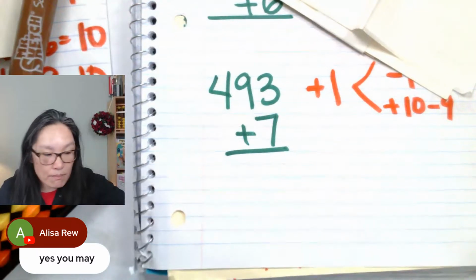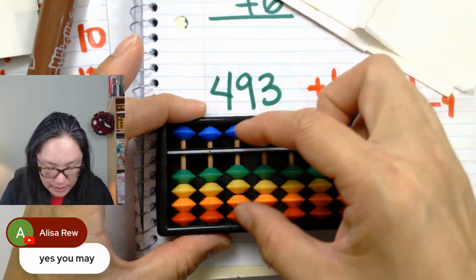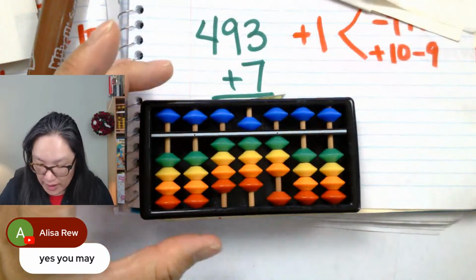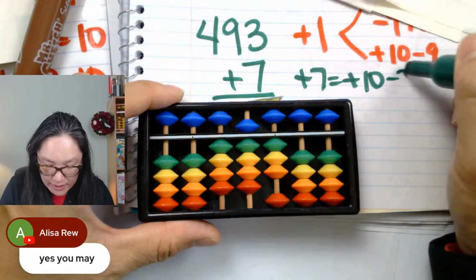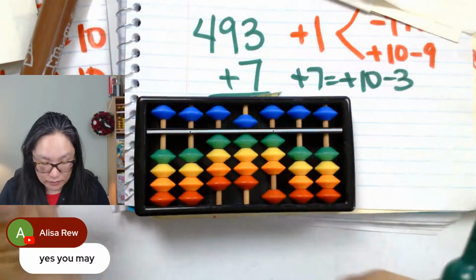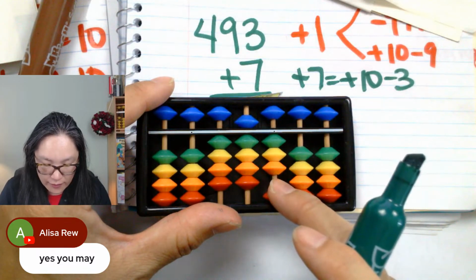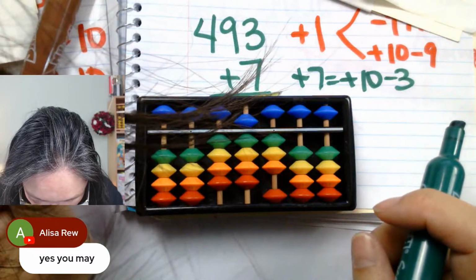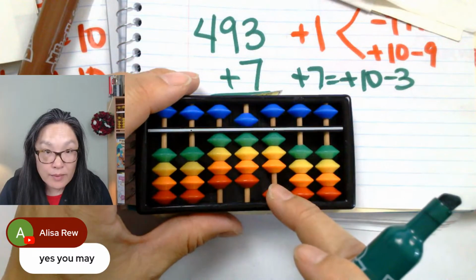You're going to see that there's a lot to it, right? Plus the 3. So now we're going to add the 7. We know how to add the 7. When we add the 7, it's plus the 7 is equal to plus the 10 minus 3. Is there enough to minus the 3?